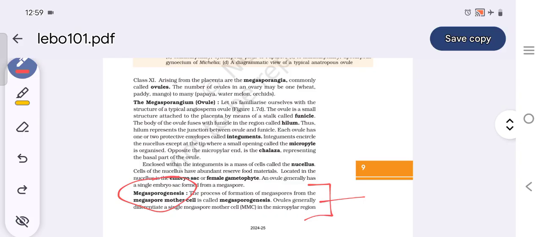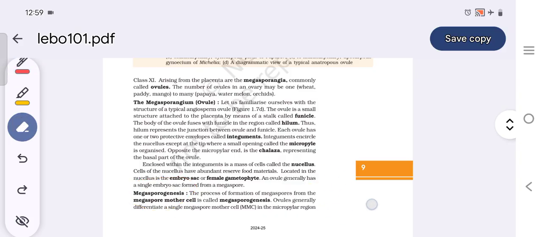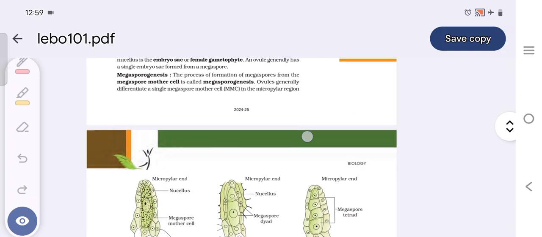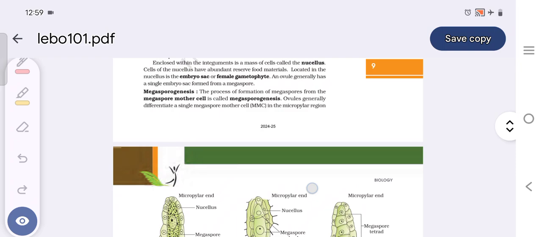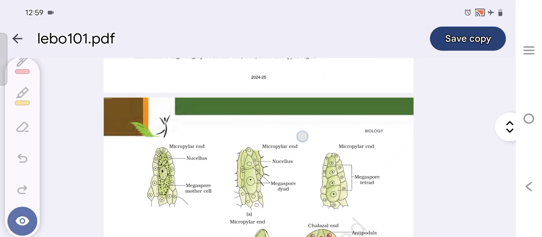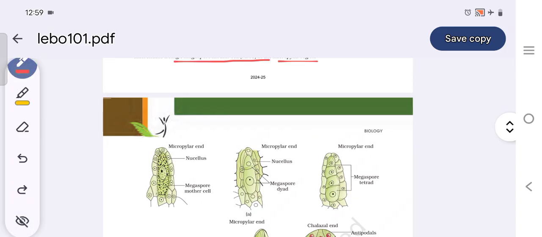There is one very distinctive difference between megasporogenesis and microsporogenesis. Let's see one by one. A single megaspore mother cell divides meiotically, of course, to produce the megaspores. So what is the difference here? Let's see. In the ovules, one cell starts differentiating.